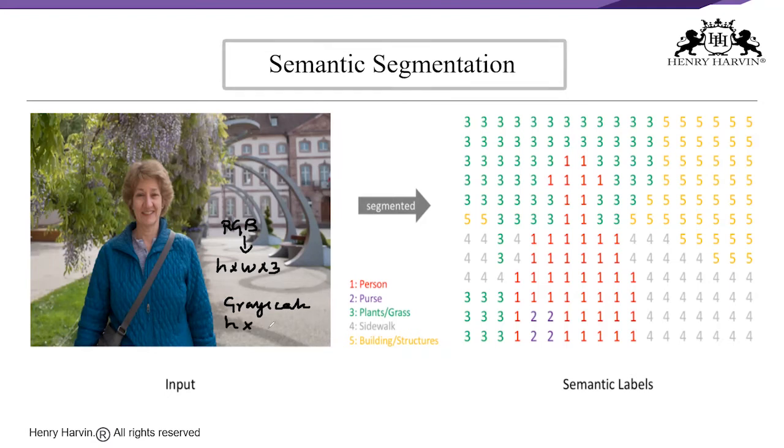Height times width times 1, right? So our goal is to take either an RGB image or a grayscale image and output a segmentation map, where each pixel contains a class label represented as an integer.